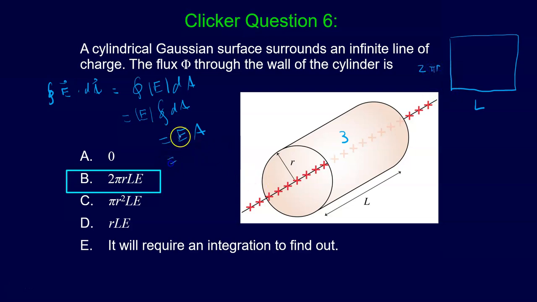My electric field is just a constant, so I'm just multiplying that times the area, which would be 2 pi r times L. So the flux is E times 2 pi r L. Now let's see if we can figure out the electric field for this charge distribution.